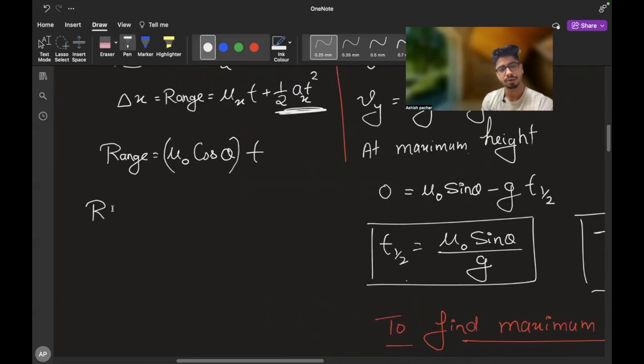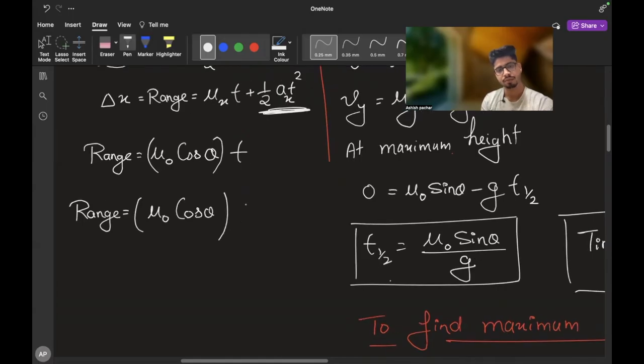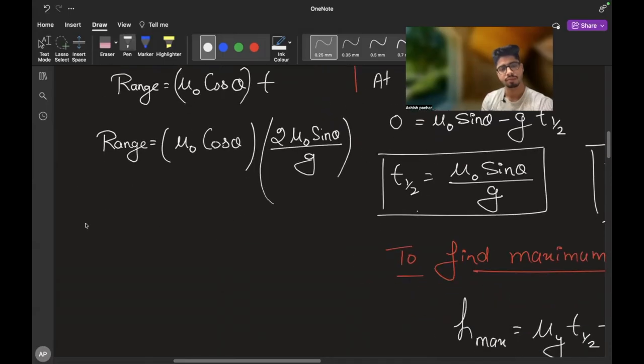So let me write the range. It is u naught squared 2 sine theta cos theta by g.